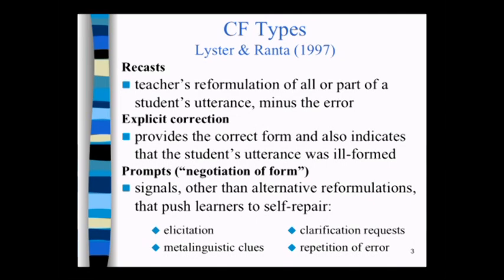So these are basically what I see as 3 types of feedback, for better or worse, and I'll come to this later. I've sort of lumped several feedback types under prompts. They're different. Some are more implicit, some are more explicit, but they all have in common this idea of not giving the form to the students and functioning as a way of pushing students to self-repair.